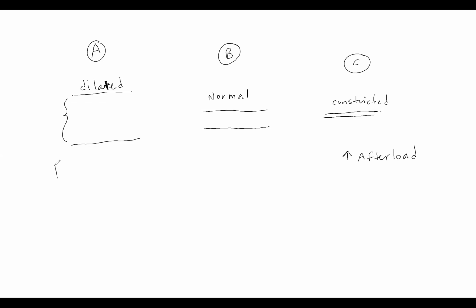This is a very low afterload. And this would be somewhere normal. So remember, normal would be 1900 to 2400 roughly. So maybe in this very constricted model, we're going to say this is someone who has an SVRI of 3200, and somebody who's very dilated maybe has an SVRI of, let's say, 1200.